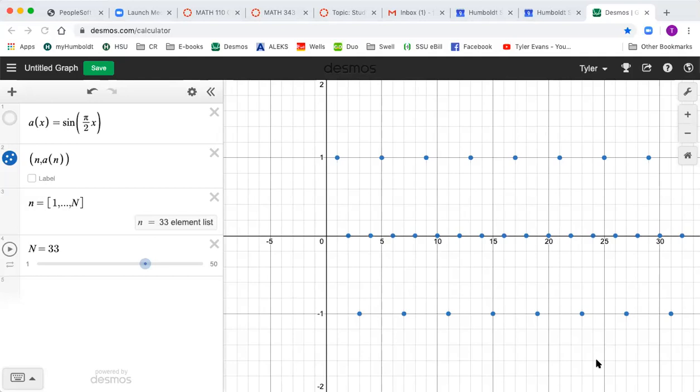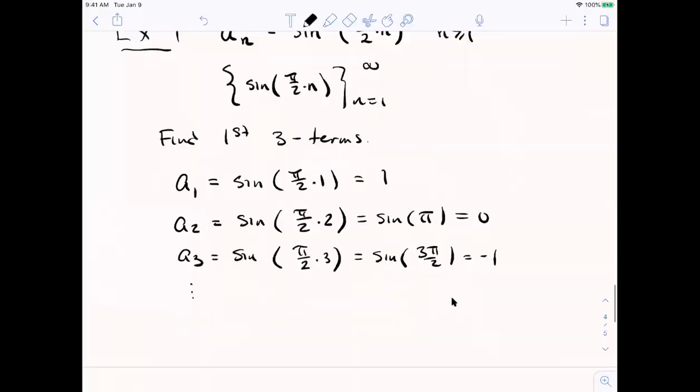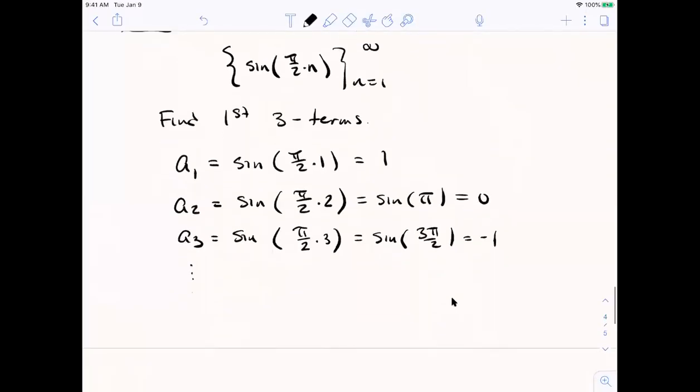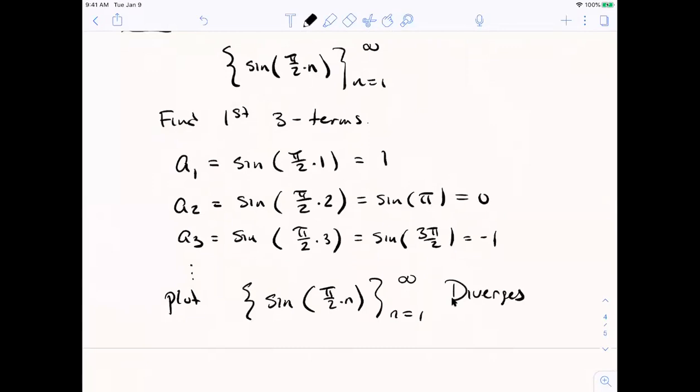In our language, we're getting used to some new language, I could ask you, does this sequence converge or diverge based on the plot? I would say that it looks like the sequence sine of pi over 2 times n, as n goes from 1 to infinity, diverges. Those dots were not getting close to some one value.